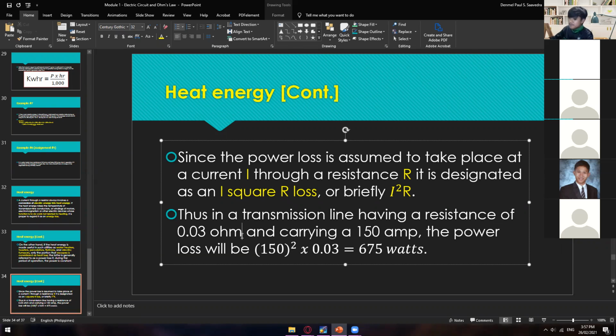So for example, we have 150 amps flowing. The power loss will be 150 squared times 0.03, wherein we've just lost 675 watts. We weren't able to maximize the electricity that is passing through our wire.